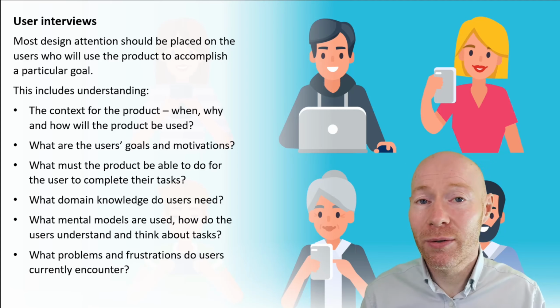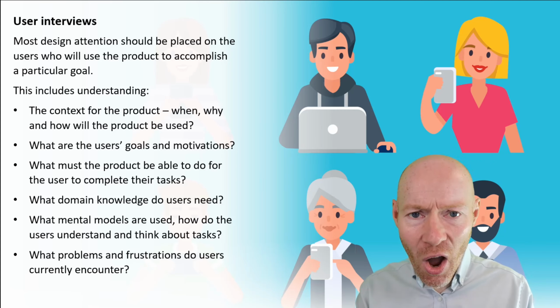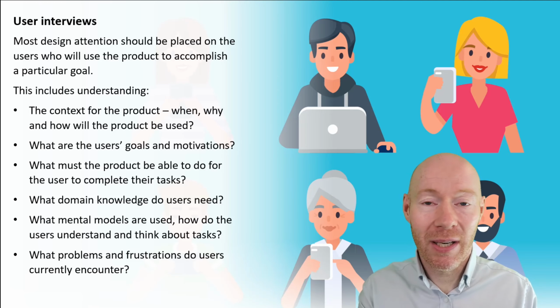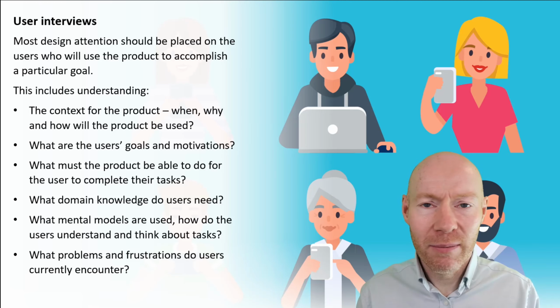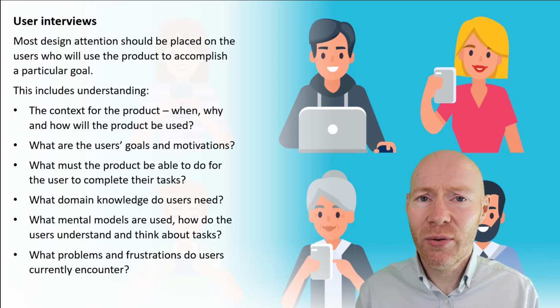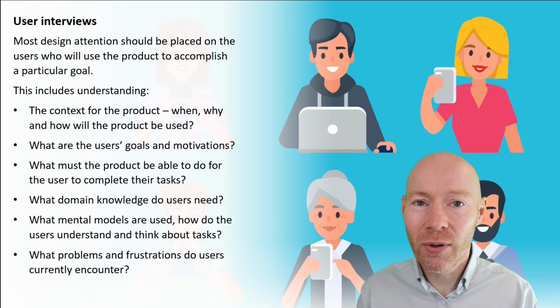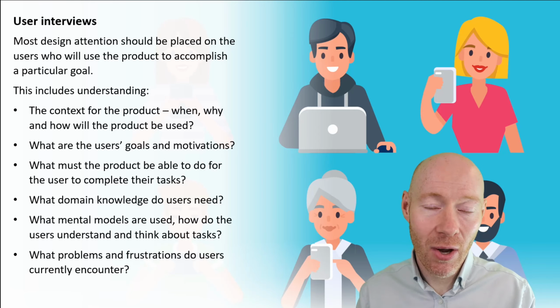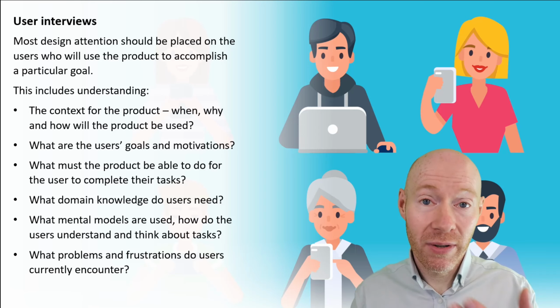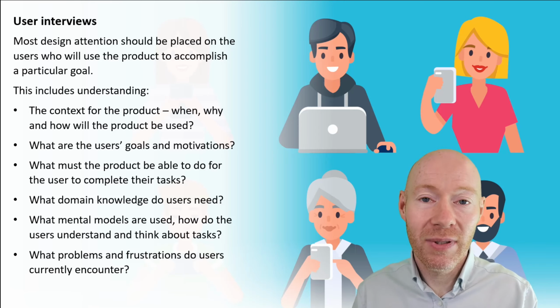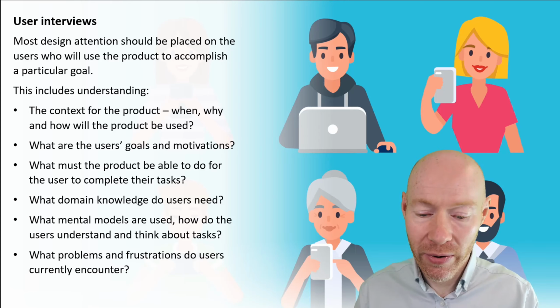What mental models are they using? How do they think about the particular tasks that they're doing? And what problems or frustrations do they have with the current setup, if there is a current setup? All of those are really useful aspects to tease out and understand, which are really important for how we progress with designing software around their needs.